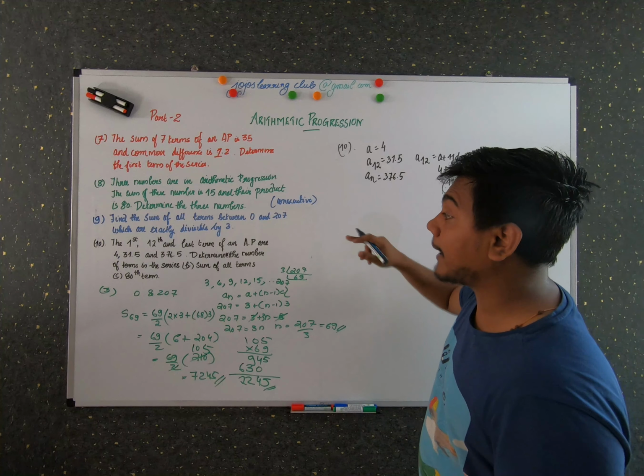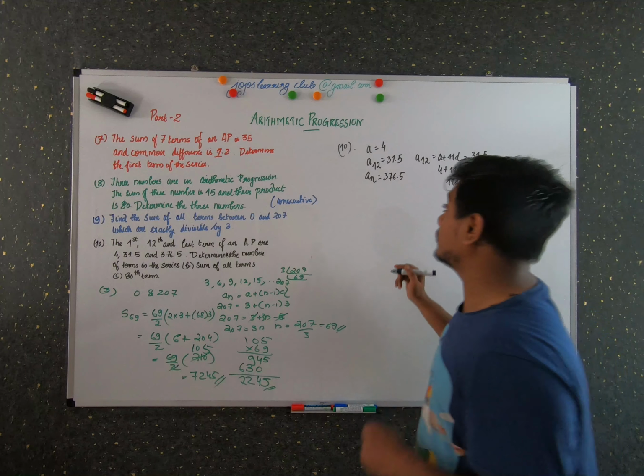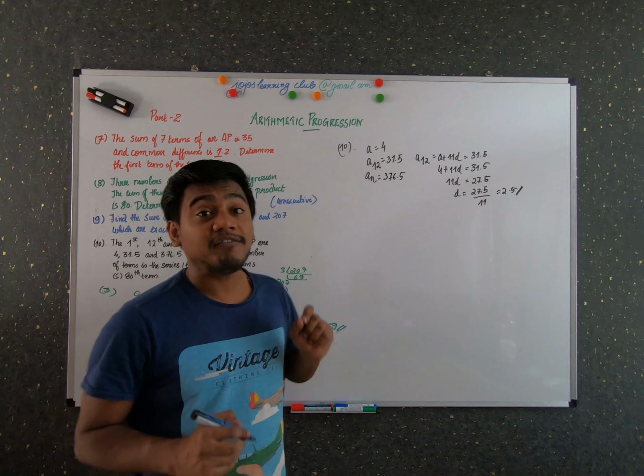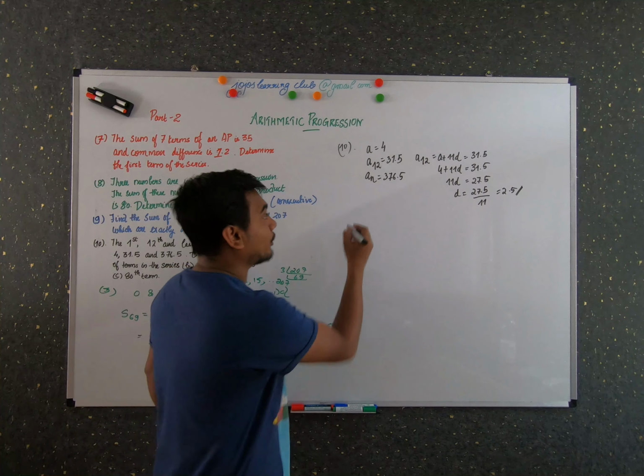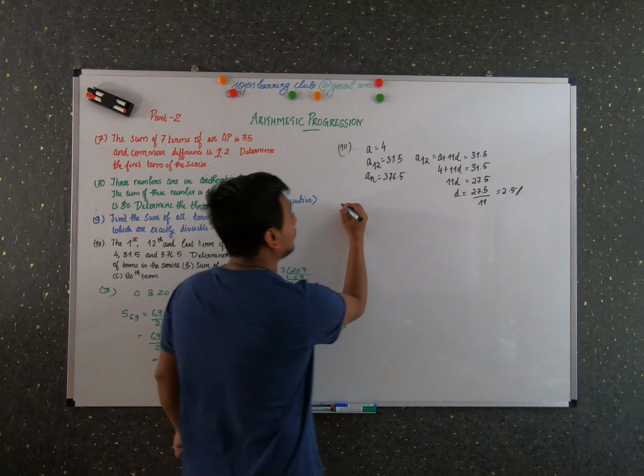So the first question is to determine the number of terms in the series. So we have to find the value of n from the problem, right? So An is already given. An is what? A plus n minus 1 into D. So An is already given, that is 376.5. A is already known, and D we already found, that is 2.5, that is n minus 1 into 2.5, right?